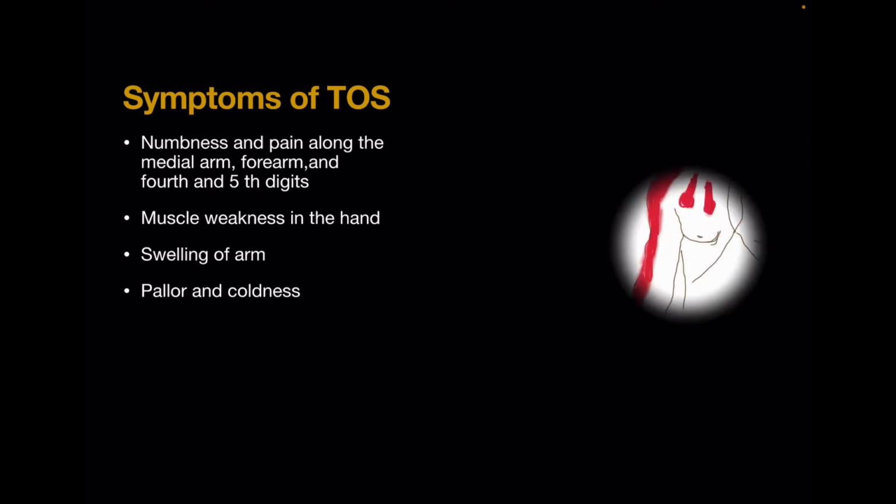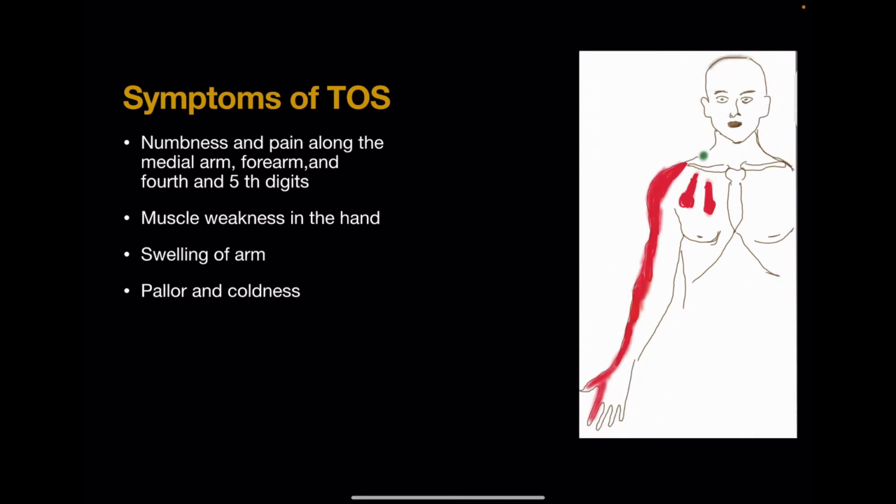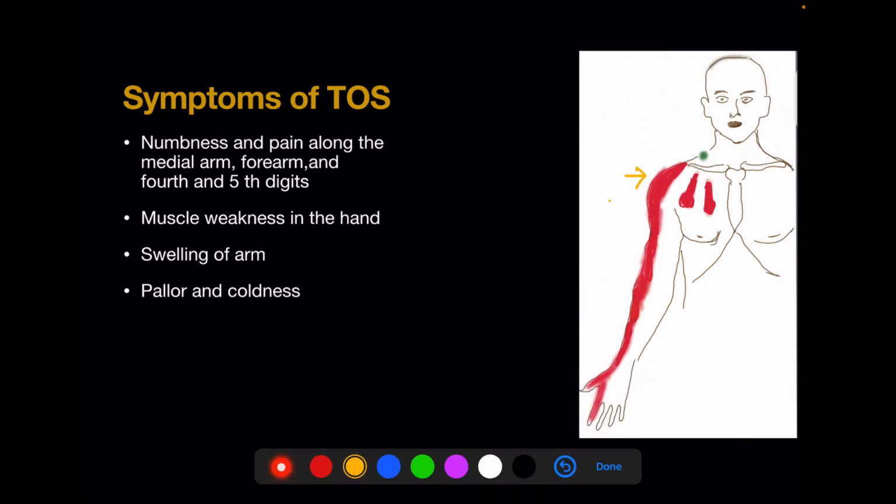You can see in the picture here, you feel pain in the forearm along with the fourth, this one is the fourth and this one is the fifth digit of your hand.